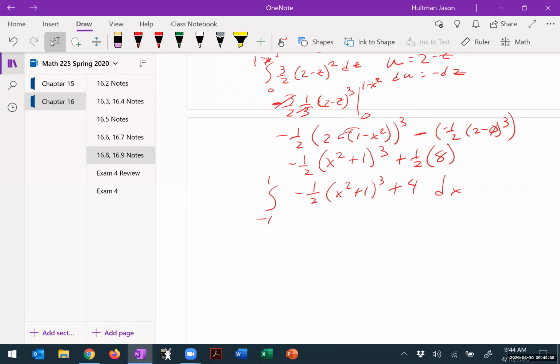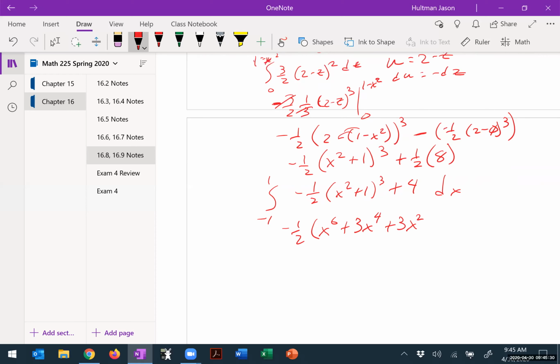So I'm just actually going to multiply all of this out. x squared plus 1 cubed is pretty easy to find. Just use Pascal's triangle for that. This is minus 1/2 times x to the 6th, that's x squared to the 3rd, plus 3 x to the 4th times 1, which is just 3x to the 4th, plus 3 x squared.